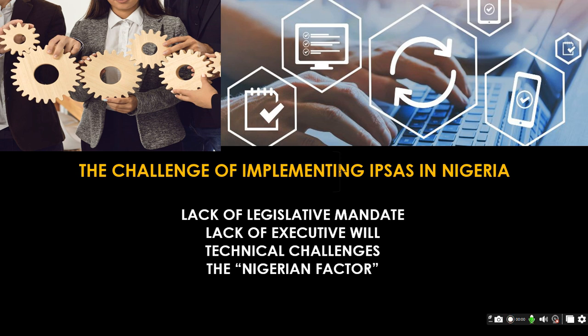Sadly, the government has the power to implement IPSAS, to compare public sector entities, simply by the fact that all the allocation that goes to the states, local governments, and MDAs comes from the central government, from the Office of the Accountant General.